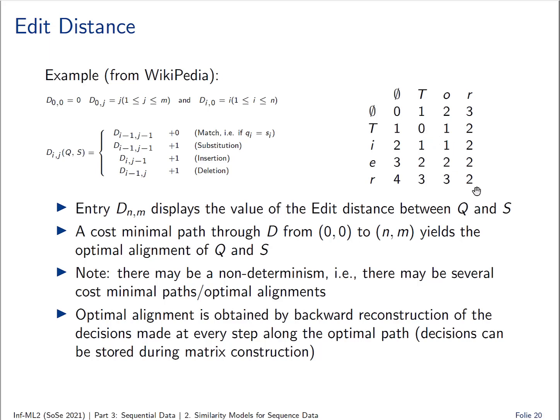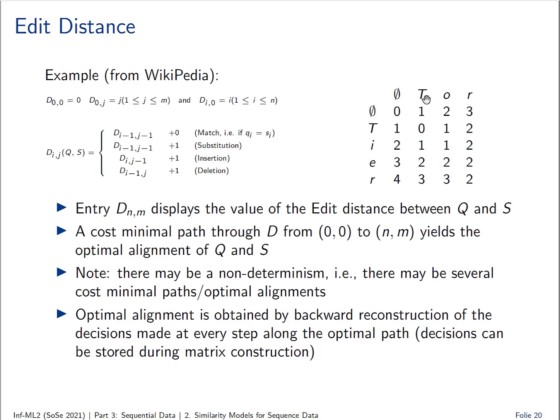So basically we have to align R to R, and with these two intermediate steps here, I, E, and O, we can do different things. So there may be a non-determinism in the whole thing, because we may have several cost minimal paths representing different optimal alignments, obviously, and that is basically quite easy, I think.